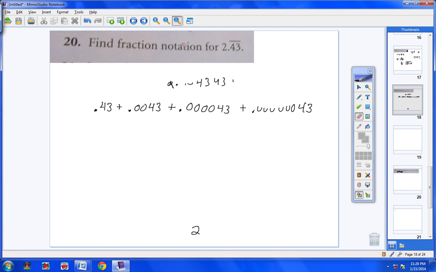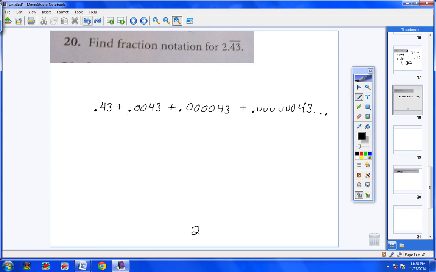Okay, we're back. So here's what we're going to say. Since all of these numbers add up to 0.43 with a bar over it, then if you look, I have an infinite geometric series. If you take this term here and divide it by this term here, you're going to get a common ratio of 0.01.